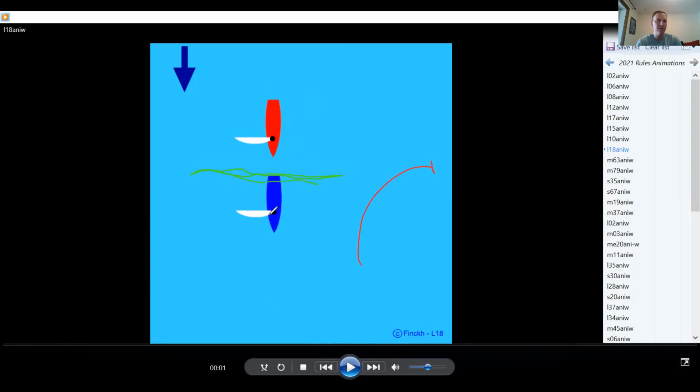So red is clear astern of blue. So there's no overlap. If red comes down over here, then there is an overlap. But right now, blue has right of way over red. If red was in this position where green is, then green would have right of way over blue.